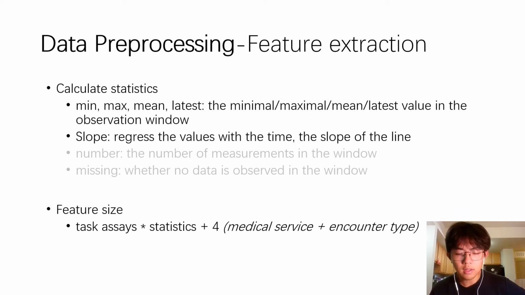And we also tried the number of measurements and the binary indicator of whether there is no data observed in the observation window, but the performance decreased on the public leaderboard, so we finally discarded them. Here we can conclude the original input feature size calculated by the number of assets times the number of those statistics plus 4, which is the one-hot encodings of medical service and encounter type.